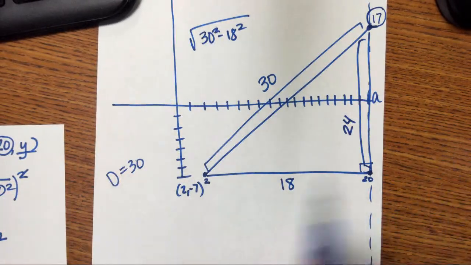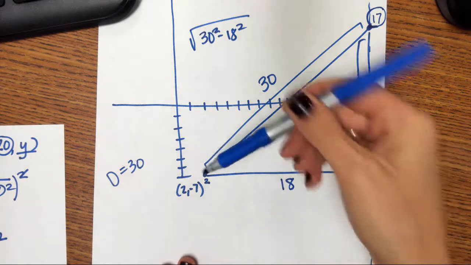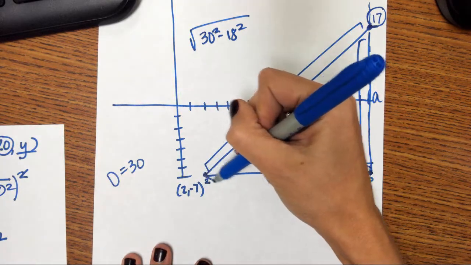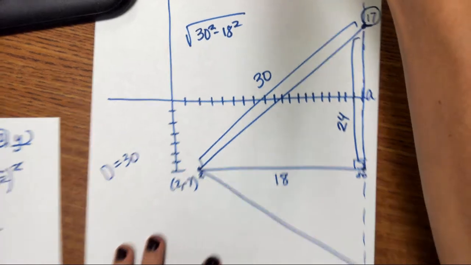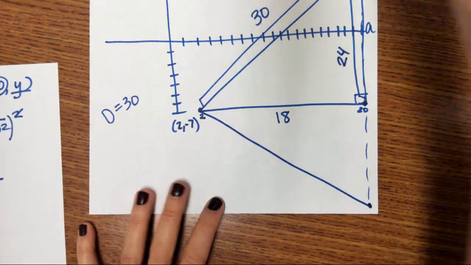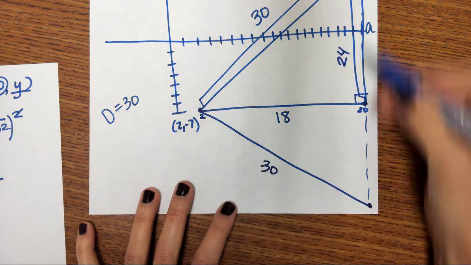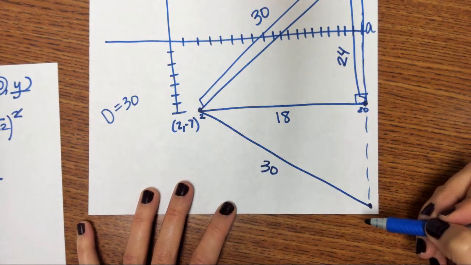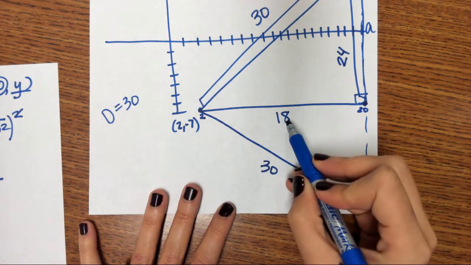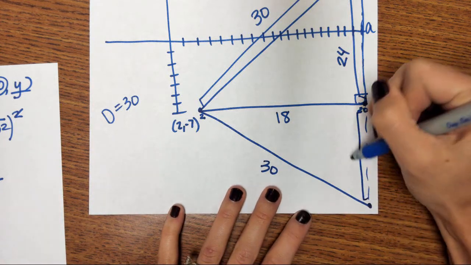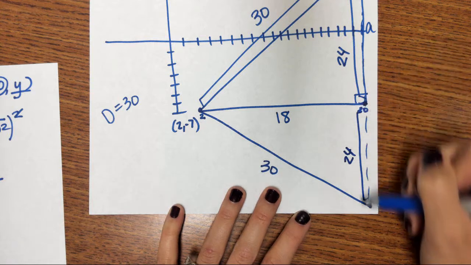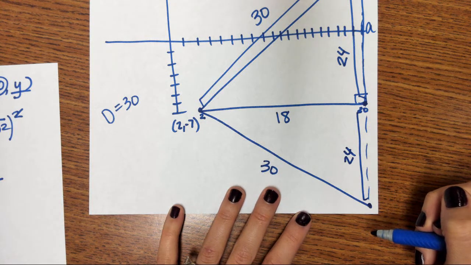Then remember, you don't have to go 30 this way. You could go 30 this way, drawing not to scale. Sorry about that. You could have gone 30 and met up with your line here. Well, wait, this is still 18. This is still 30. Oh my goodness, this is going to be 24 again, but it's going to be going in the negative direction.